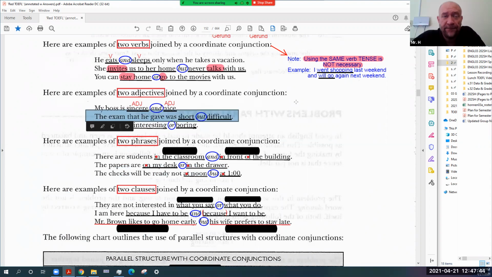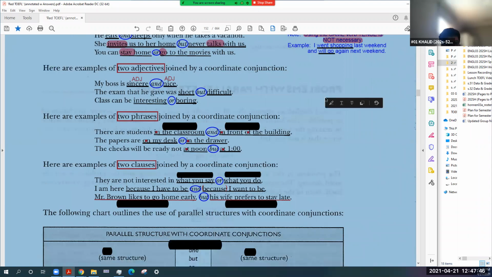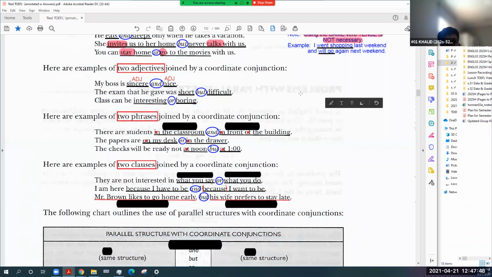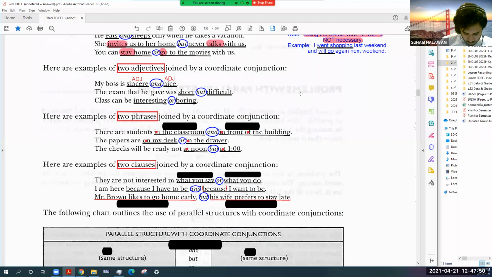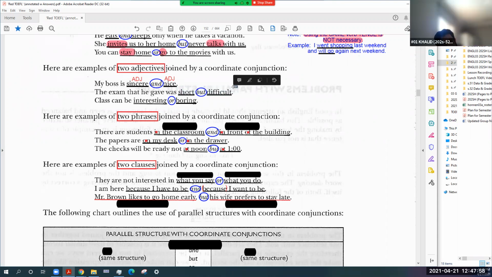The exam that he gave was short but difficult. Short but difficult. What do we have? I think adjectives. That's right. We have two adjectives, right? And then Abdul Majid. Class can be interesting or boring. Two adjectives. Yeah.